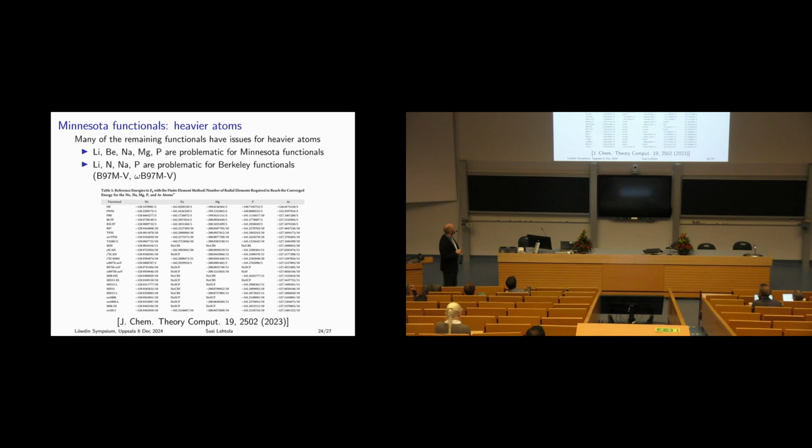These Minnesota functionals worked sort of for the hydrogen atom, and then again I see failures in converging to the complete basis set, or failures in converging to the self-consistent field equations. But then there's also a bunch of other functionals where I had no problems.